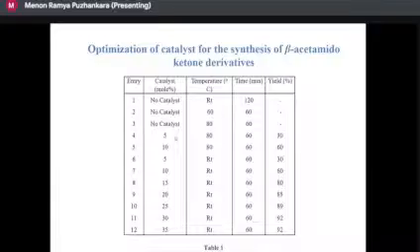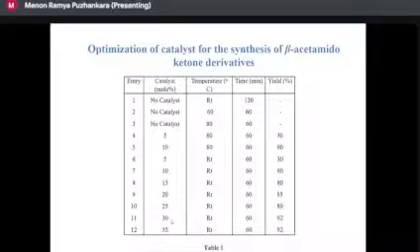The catalyst was loaded from 5 to 35 mole percentage for this reaction, and this reaction does not proceed at room temperature with no catalyst. But after adding 5 mole percentage of catalyst, a small amount of product yield was formed, and by adding a further 5 mole percent, the yield subsequently increases.